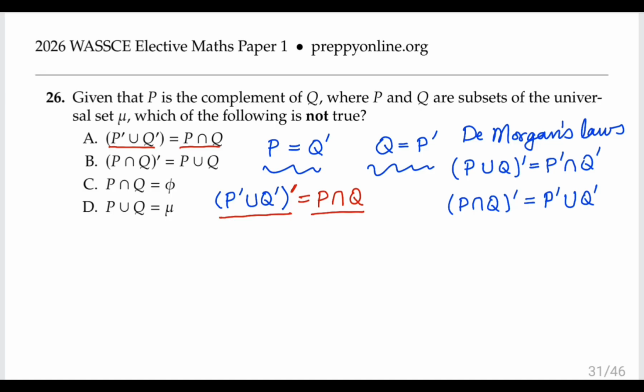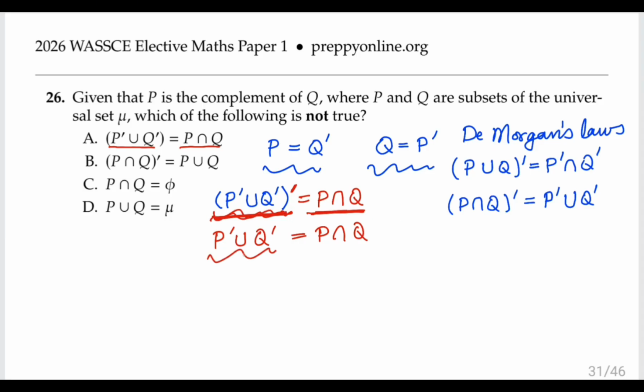So let's confirm that indeed it's not true. For A to be true, because we have said that the complement of this is equal to P intersect Q, we need that P complement union Q complement also to be equal to P intersect Q. So basically, we need this statement and its complement to be equal to the same thing.